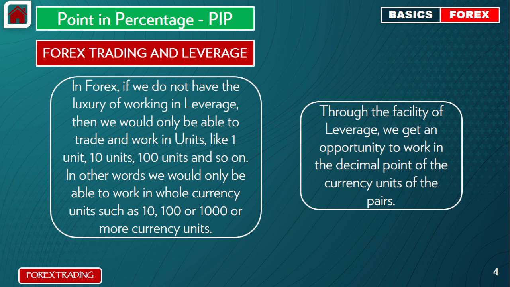Through the facility of leverage, which forex traders have, we get an opportunity to work in the decimal parts of the currency unit. That's what leverage means: we can actually work with the decimal points of that currency unit.